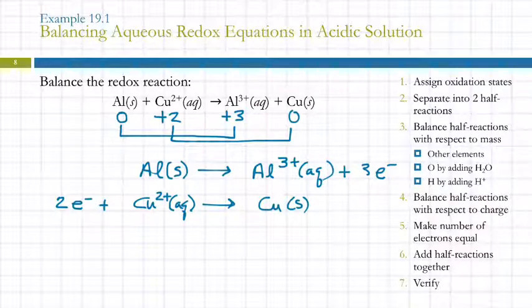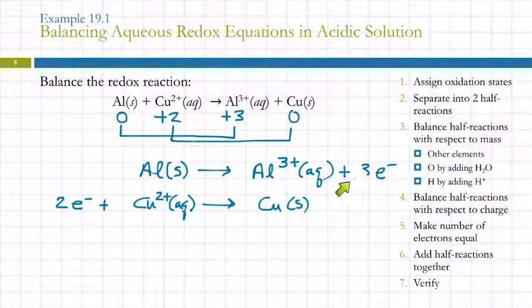Okay, so there's our half reactions. Now what we need to do is get the number of electrons released by the aluminum and the number of electrons gained by the copper to be the same. That's what's going to fix the charge imbalance in our original equation. So we're looking for the least common multiple of 3 and 2. 6.